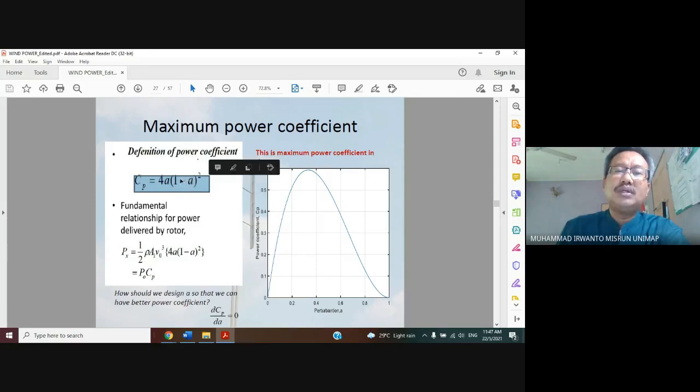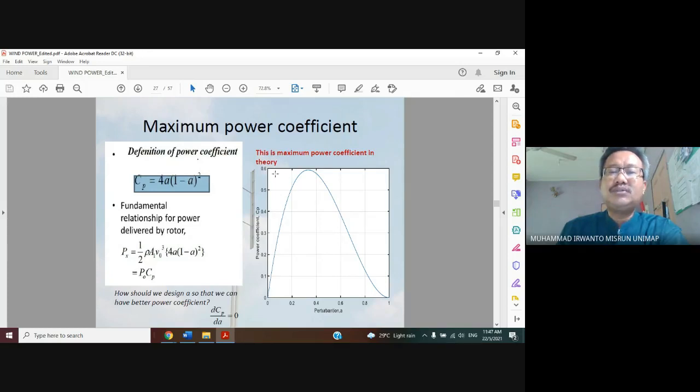Or if we want to write it like this, 4A multiplied by (1 power 2 minus 2A plus A power 2). Now, so we have one formulation where the variable is powered by 3.